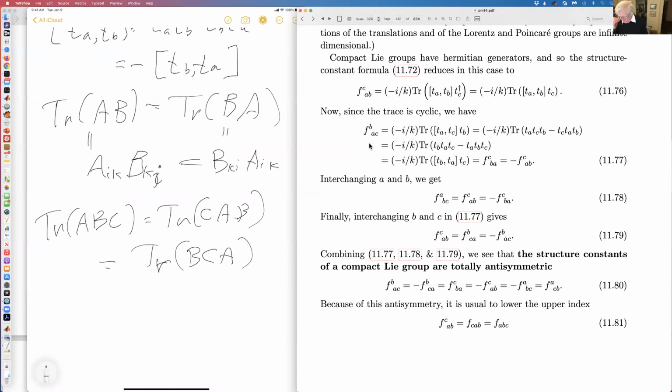So those are the three, that's the cyclicity of the trace.